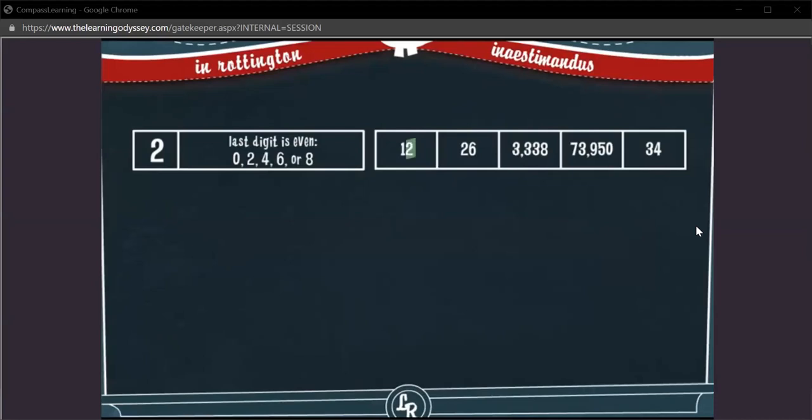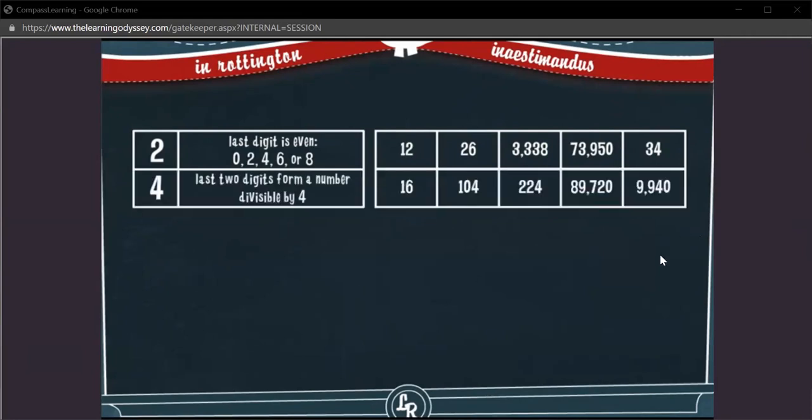Numbers like 12, 26, 3,338, 73,950, and 34, all divisible by 2 because their last digits are even. You can tell a number is divisible by 4 if the last 2 digits form a number divisible by 4.